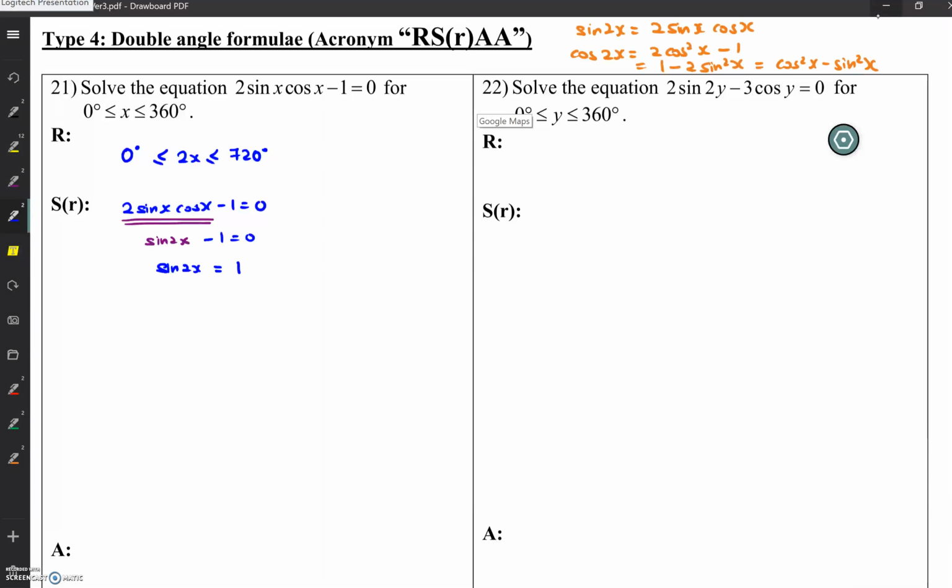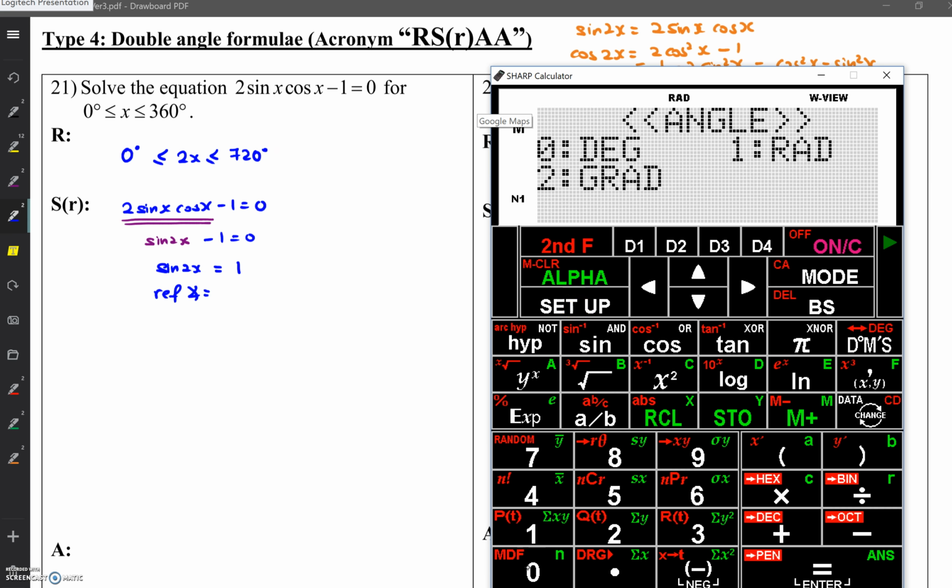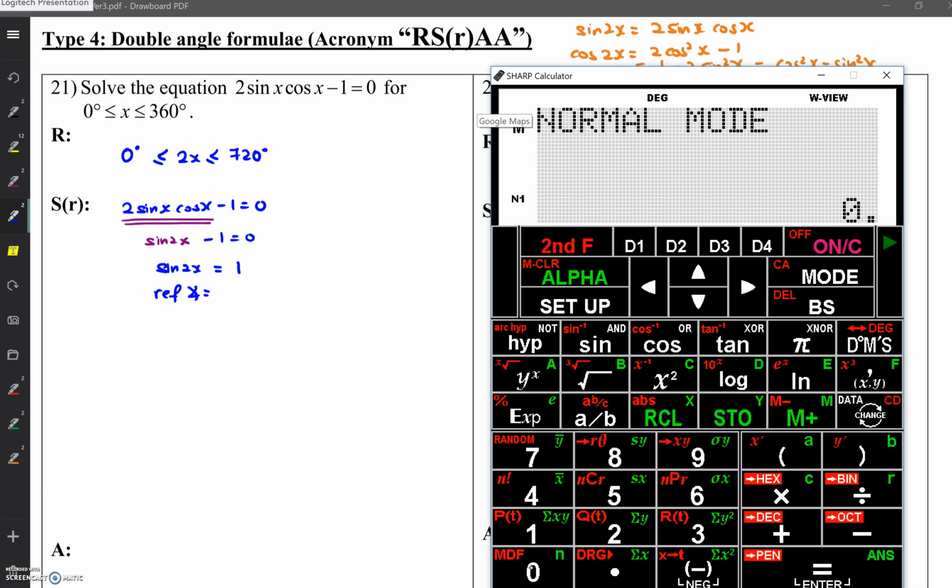Okay, so again, back to our reference angle. For this case, I need to find what is my reference angle. So back to my calculator again. Can I use it straight away with my calculator? I hope you can see my mode is wrong again. It's in radian mode. So I'll go into setup, 0 and 0. Make sure that it's in the correct degree. If it's degree, it's degree.